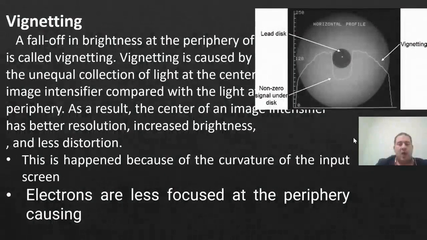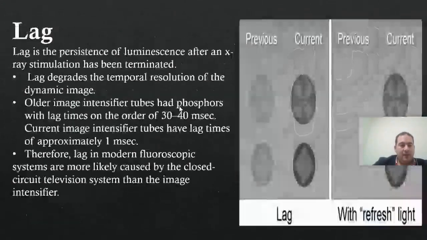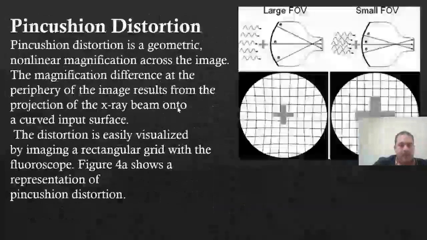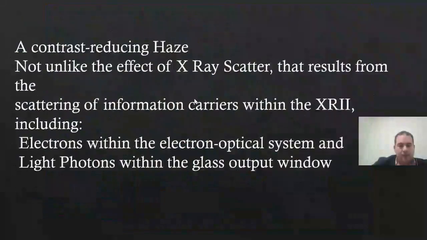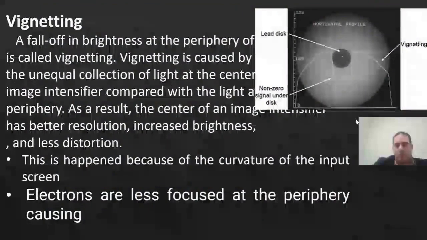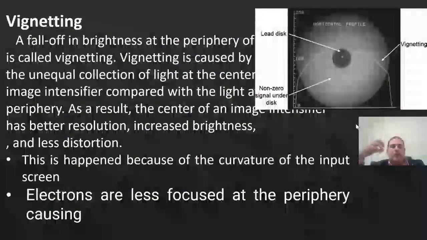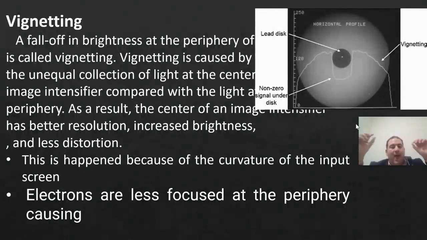Light photons will appear on the output phosphor, and the electrons may also be affected by uneven collection between the center of my field of view and the periphery. Why is this? It is due to the concave shape of my input phosphor, and the inequality in it will make the electrons present at the periphery fewer than those in the central area.